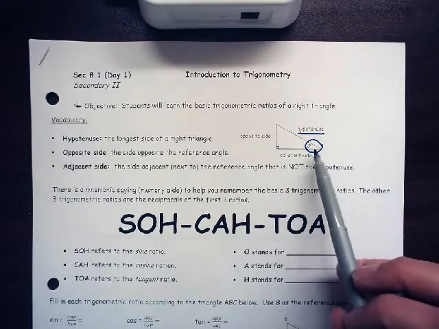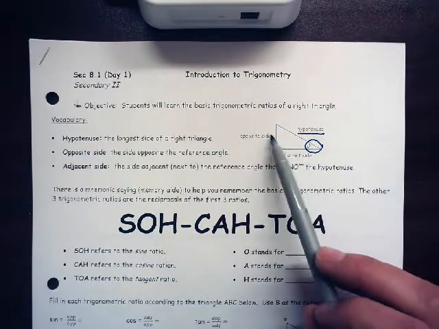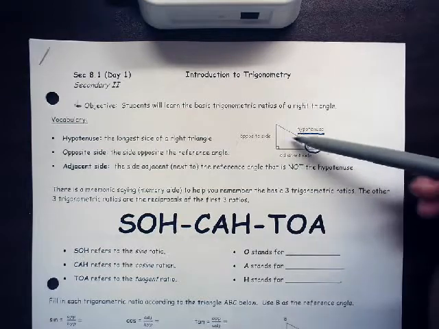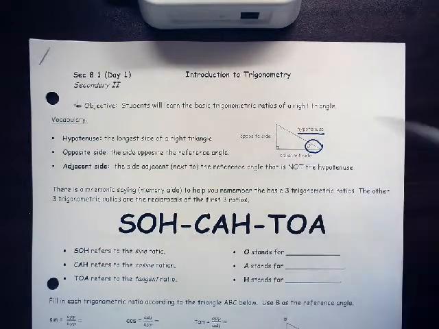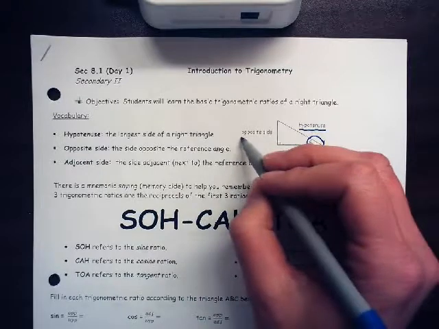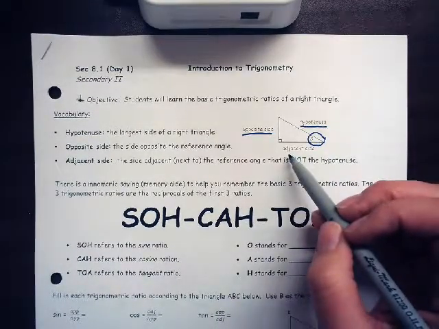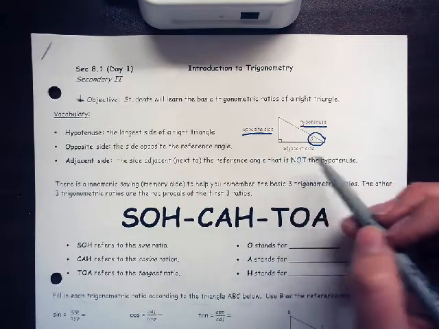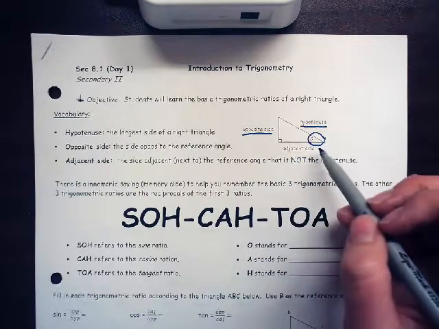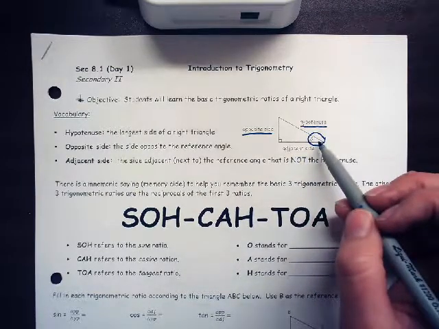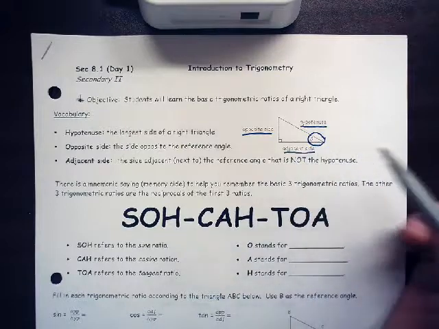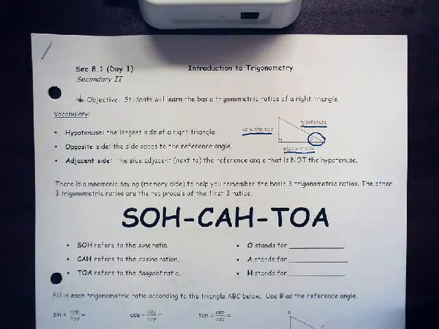The opposite side, if we go directly across from the angle, straight across, that's the side opposite the angle. And then the adjacent side is the one that's left over, is how I like to think of that. Or you can think of it as it touches the reference angle, but it's not the hypotenuse. And that's the adjacent side.